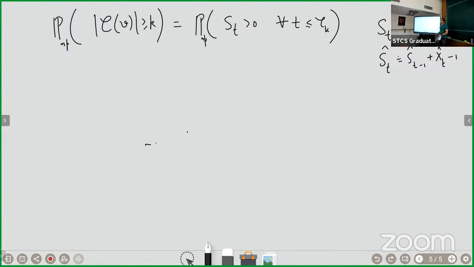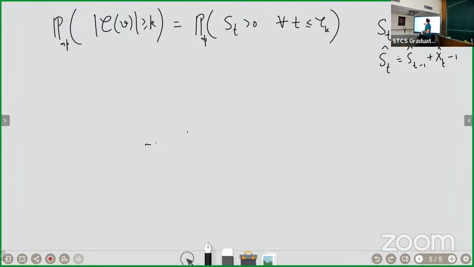What can I say? So if this is true with the hat, then this is also true because X_t is bigger than X_t hat.